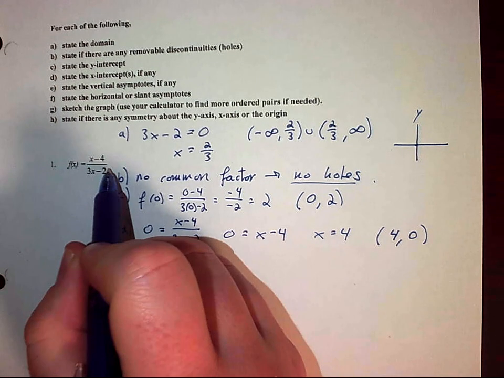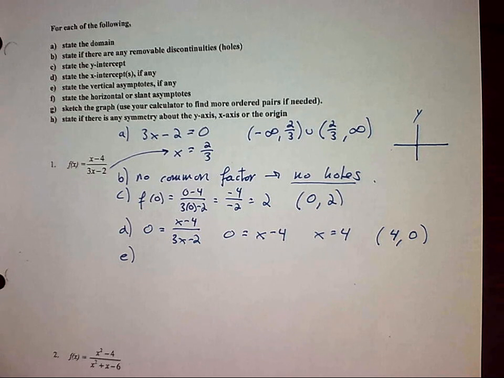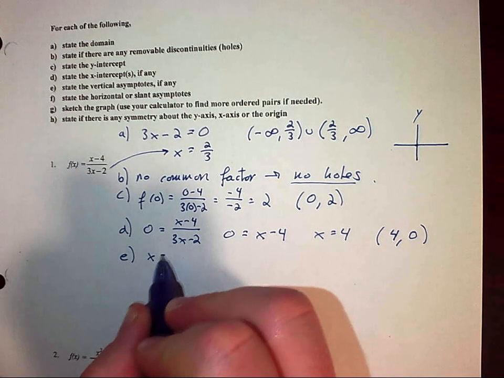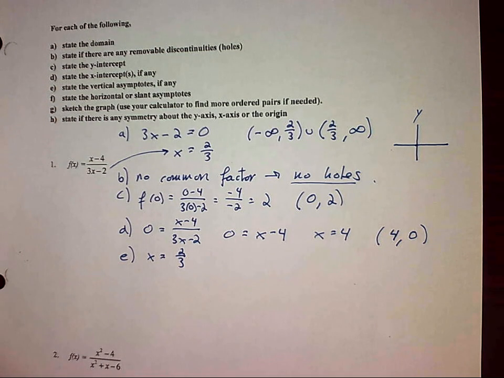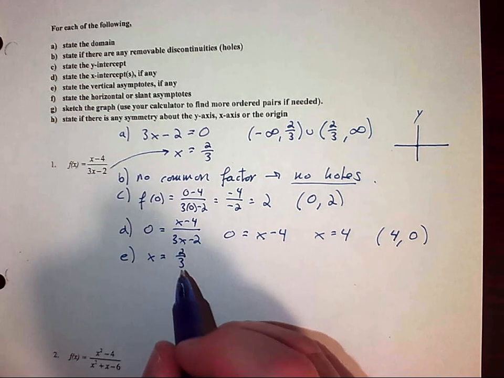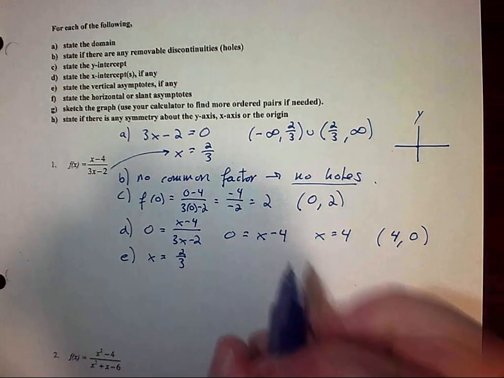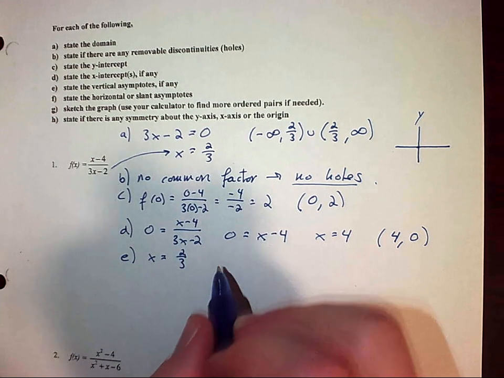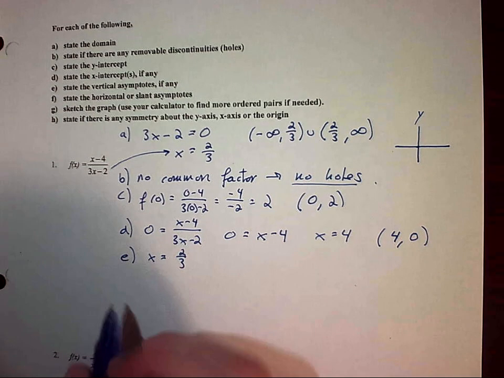For our domain, we identified where our denominator would be equal to 0. So therefore, x is equal to 2/3 is our vertical asymptote, because it makes our denominator equal to 0 and it's not a hole. So this right here is our vertical asymptote.